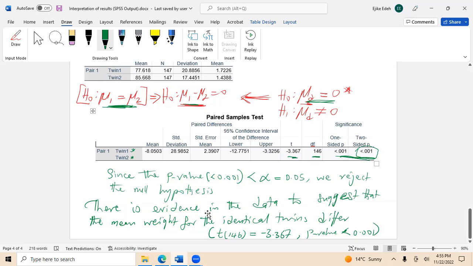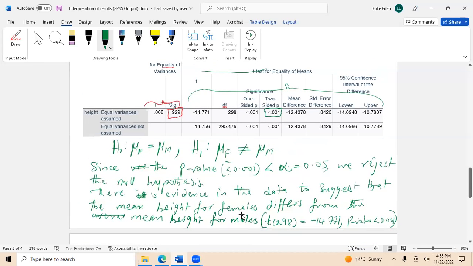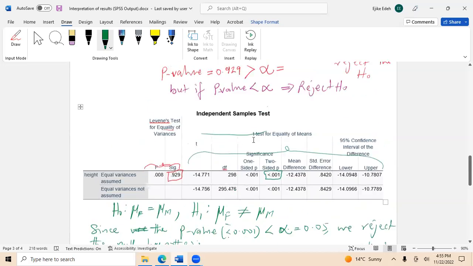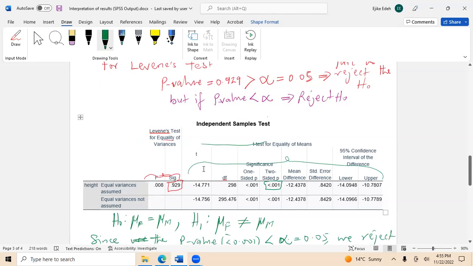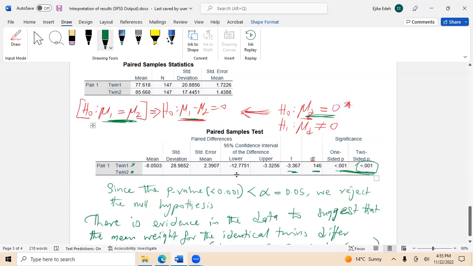Okay. So that is how to interpret the paired sample t-test. You see that it has the same exact interpretation as the independent sample t-test. But if you have followed the exercise and you were able to generate these two tables for the independent and dependent t-tests, then what I have presented here is just the interpretation, right?